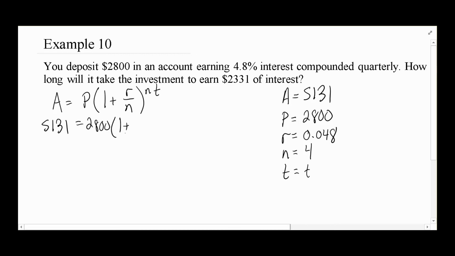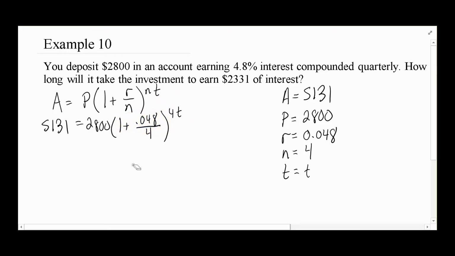2,800 for P, 0.048 for the R, 4 for the N, and T. This is another example of an exponential equation. We have a number raised to a variable power.